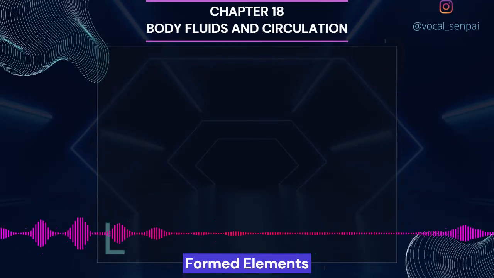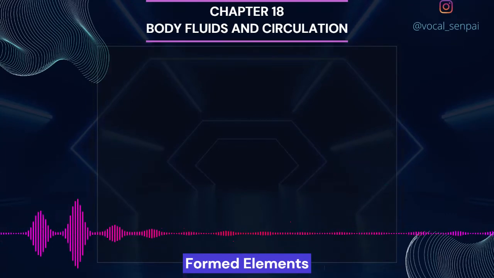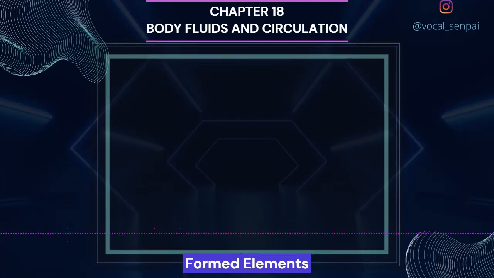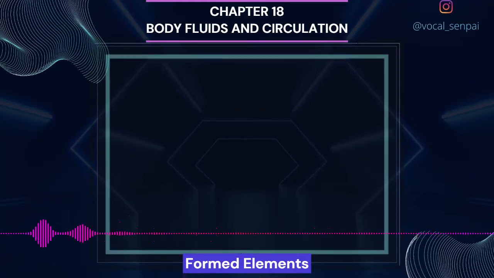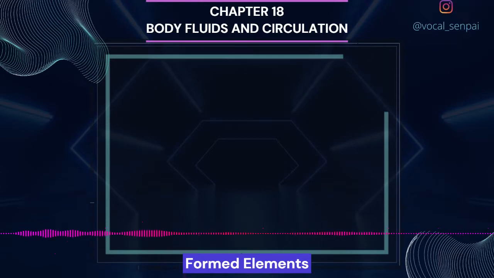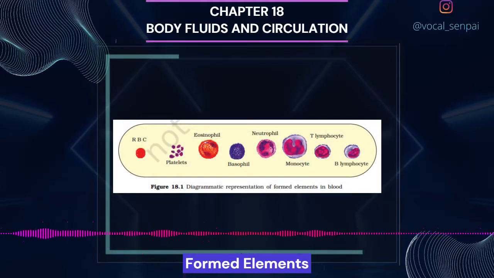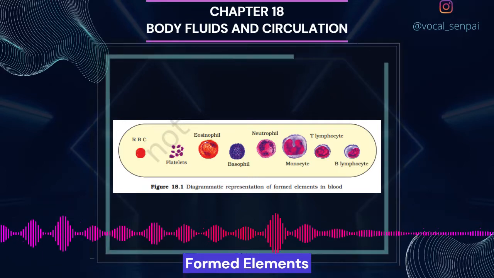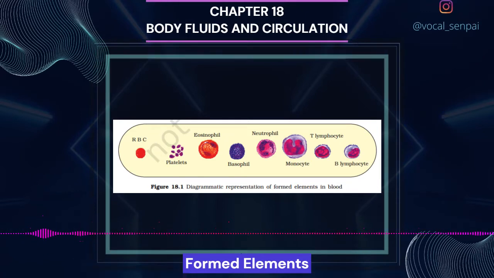Erythrocytes or red blood cells, RBC, are the most abundant of all the cells in blood. A healthy adult man has, on an average, 5 millions to 5.5 millions of RBCs per mm3 of blood. RBCs are formed in the red bone marrow in the adults. RBCs are devoid of nucleus in most of the mammals and are biconcave in shape.